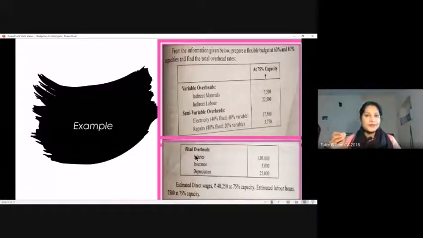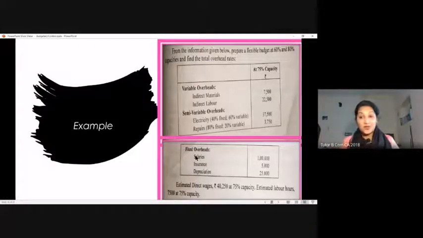The remaining 60% is variable based on the production capacity. So that we need to find out. We will directly get what it is for 75%. That is 37,500 into 60 by 100, which will give us the variable component of electricity expenses at 75% capacity. From that, the same way we will find out for 60% and 80% as we did here.